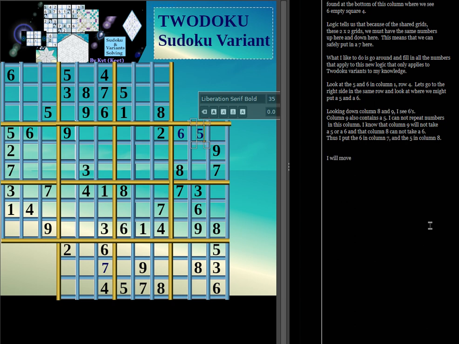I will move on down to the next row and look at the 2. And we'll also look at the 9 in the same row. Now I do not see a 2 in column 7 or 8.